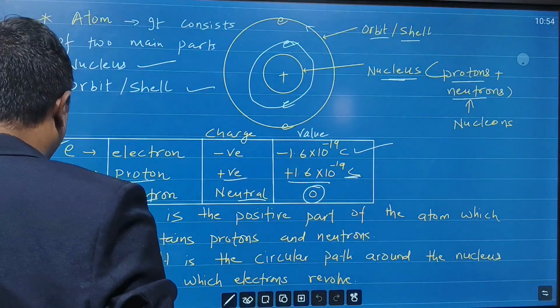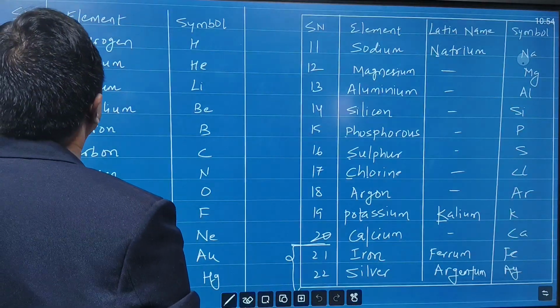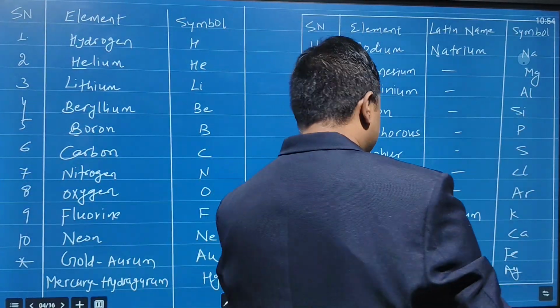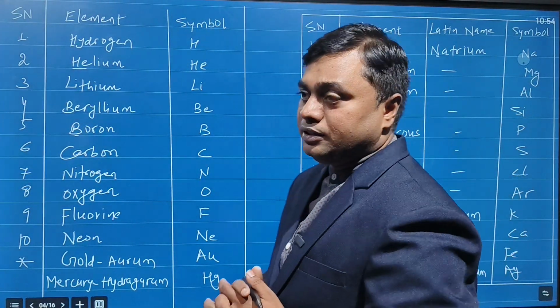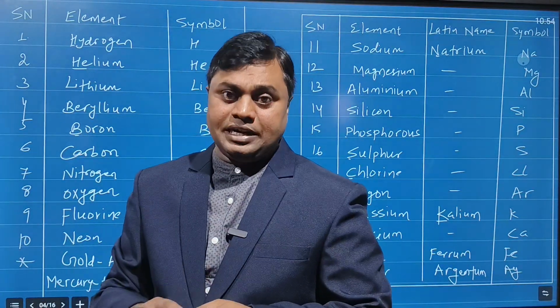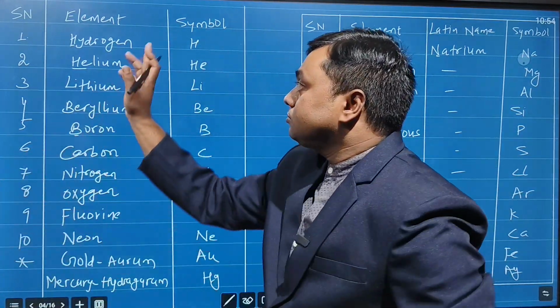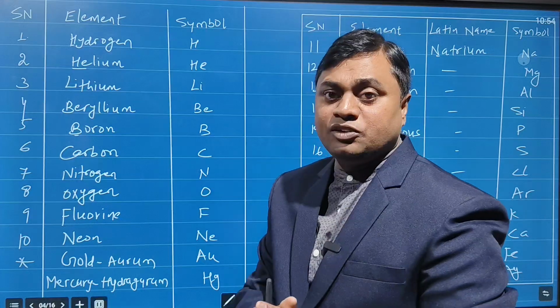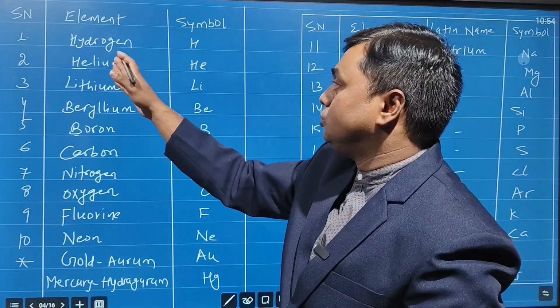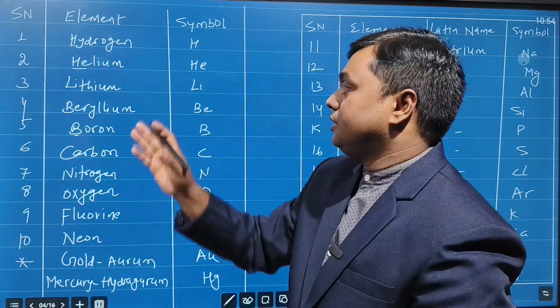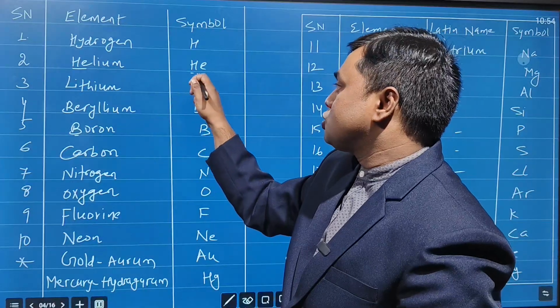So next we talk about elements and their symbols. Very important. Symbols are how elements are represented. I have written a few elements with their symbols. Hydrogen, symbol is capital H. Helium, capital H, small e.